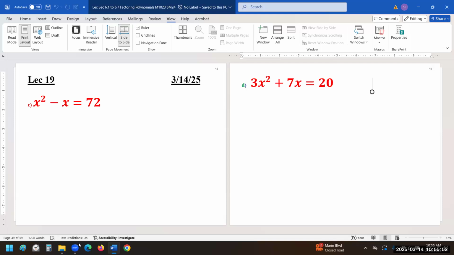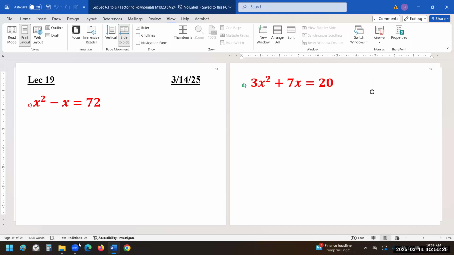When you have three terms, there are many choices: you can factor directly, use the AC method, or use trial and guess. And when you have four terms, it's always either GCF or grouping. So in order to solve a quadratic, first we factor, and then we set each factor equal to 0 and solve for the variable. Okay? Any question before we begin?